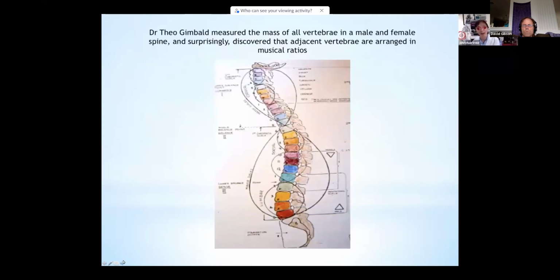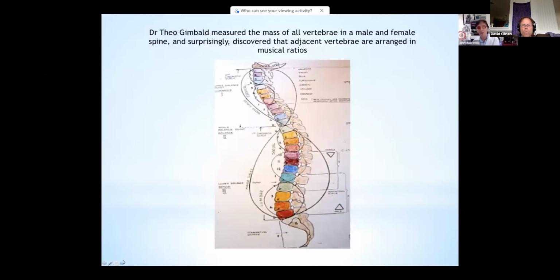And I just thought I'd end with this beautiful little hand drawing of a spine. I didn't meet this guy, Dr. Theo Gimble, but I met someone who was handling his trust. He's now passed over. But Theo Gimble did something extraordinary, David.